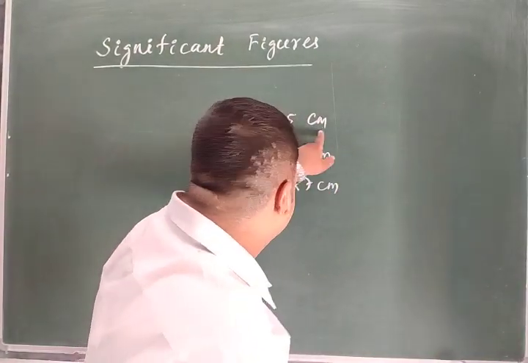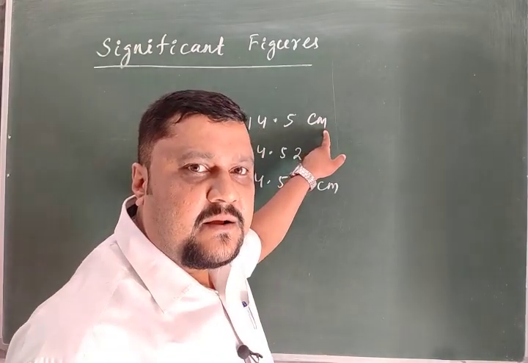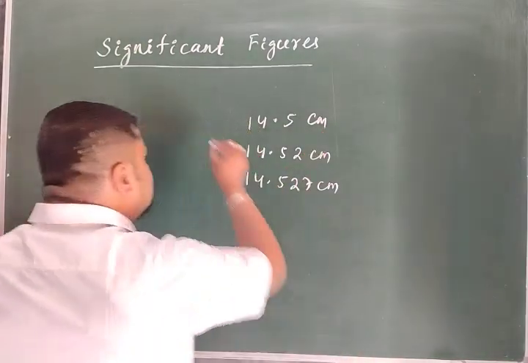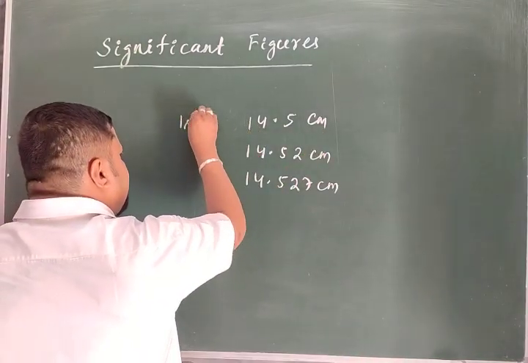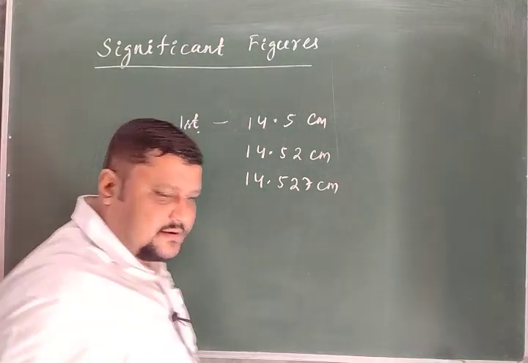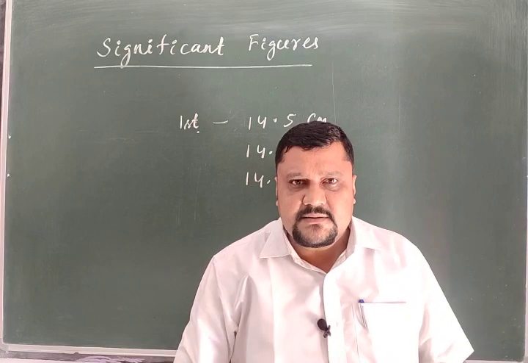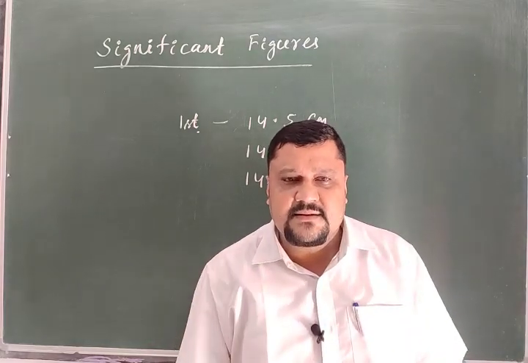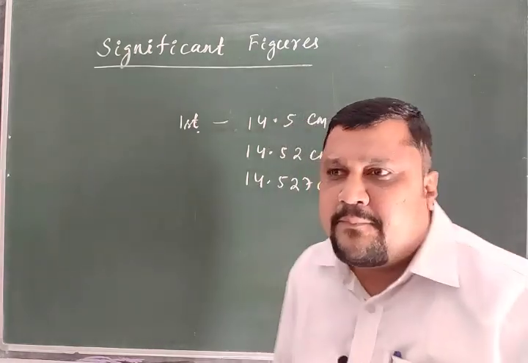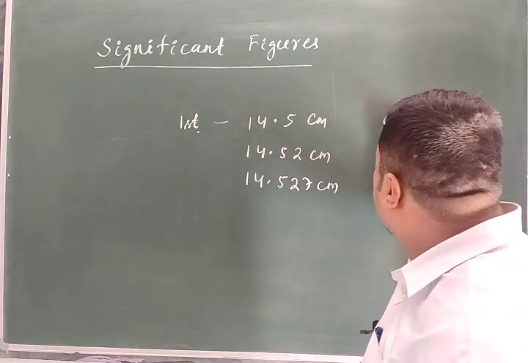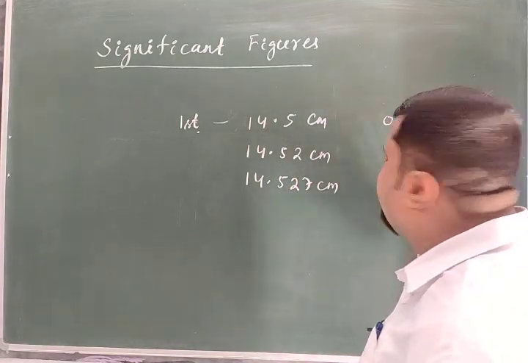here when you see this measurement, you can say that the first one used a device. The device has a least count of 0.1 centimeter.